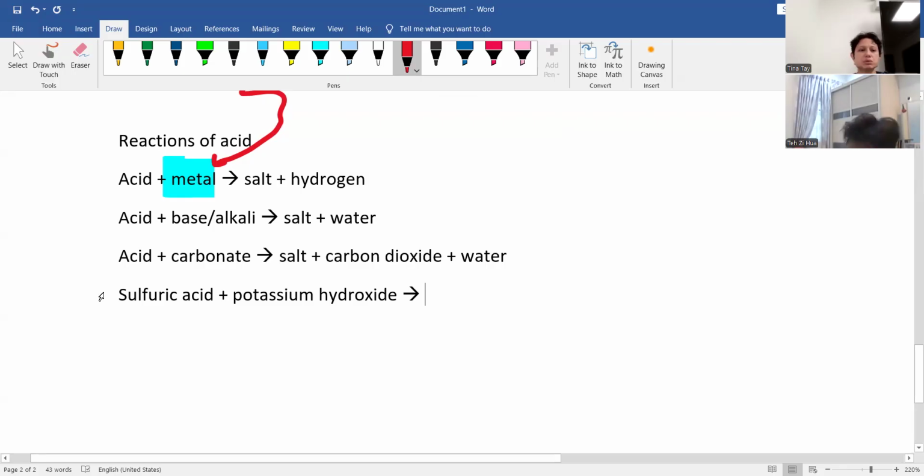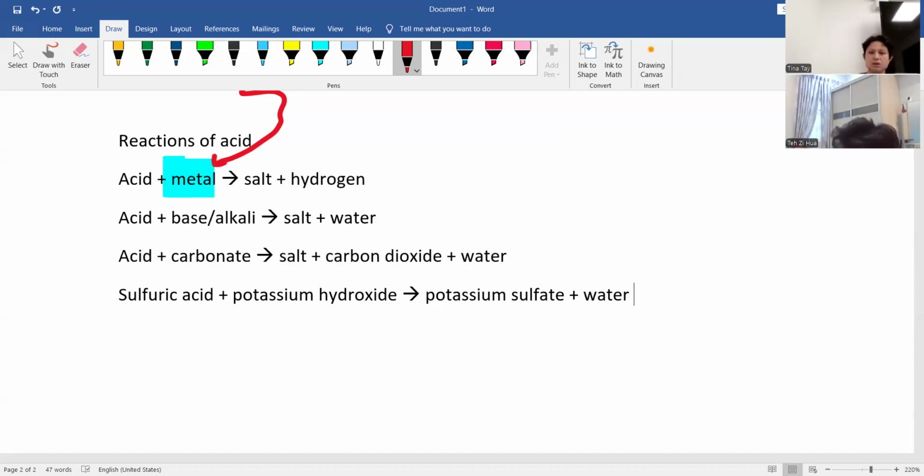So change this: potassium hydroxide and sulfuric acid, what do I get? This is acid and alkali. What's my salt? Potassium sulfate. And what's the next thing I get? Plus water.